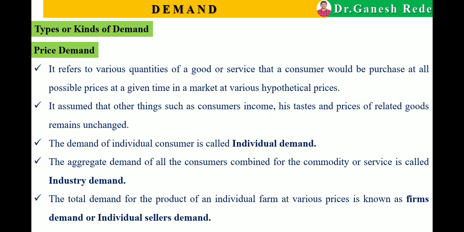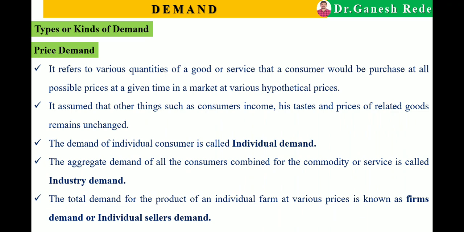Suppose all consumers want one particular good, then the demand of all the consumers for that good is considered industry demand. As we know, we demand branded commodities, so that is the industry demand for that particular brand.